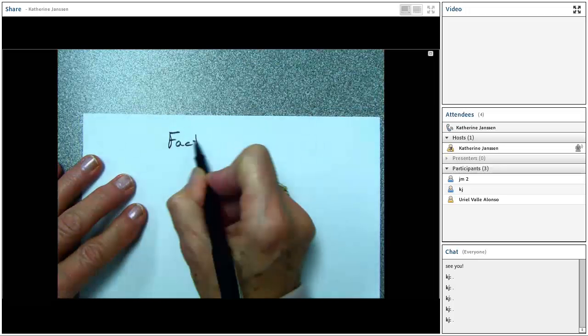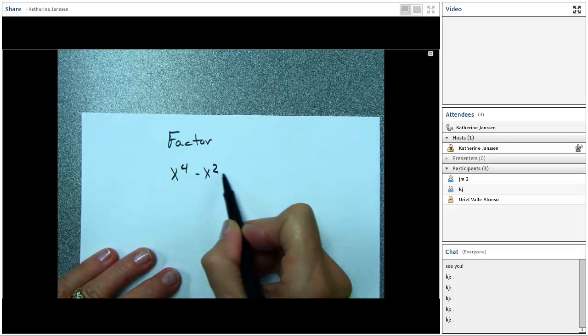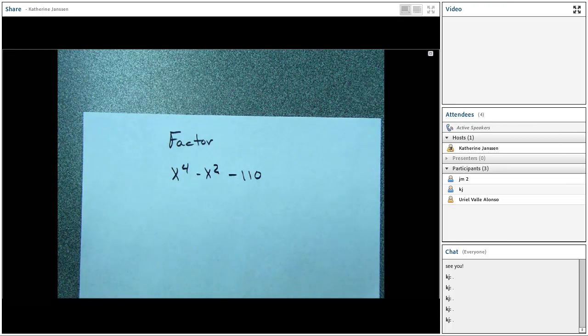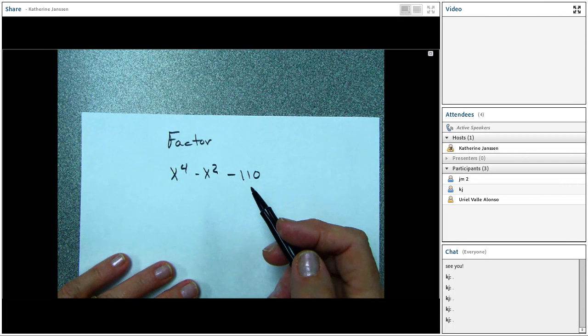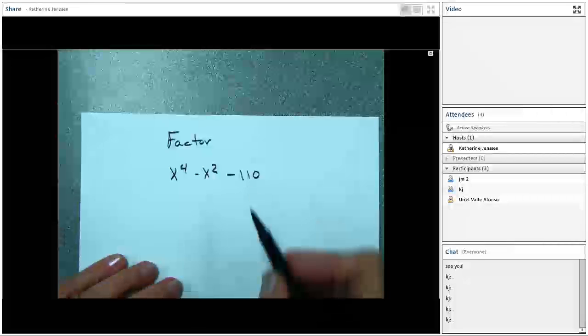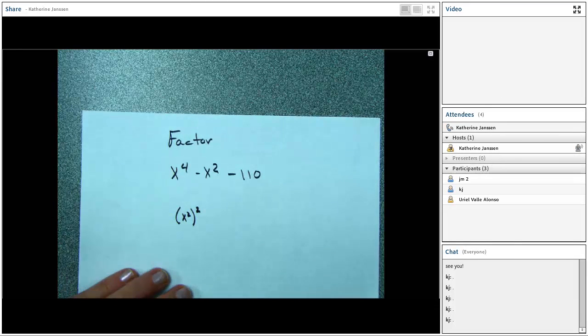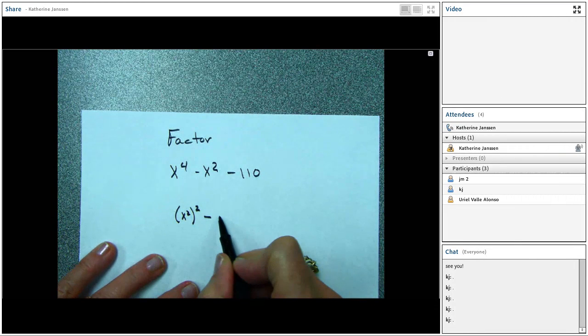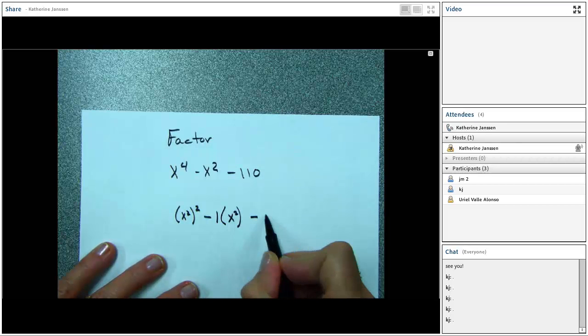Your directions say to factor x to the fourth minus x squared minus 110. I don't recognize any pattern that I have yet, but how about x squared, the quantity squared, would be x to the fourth, minus 1 times x squared, minus 110.